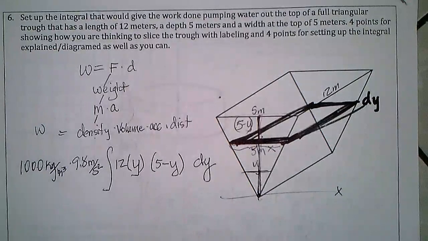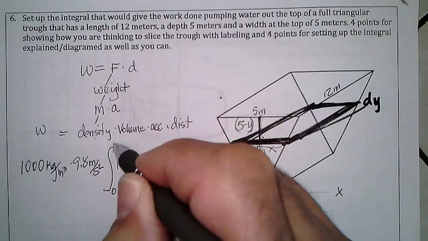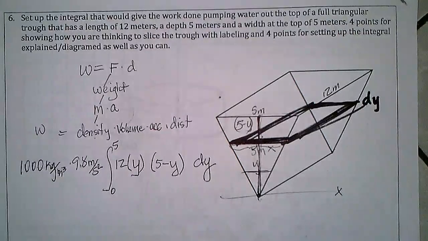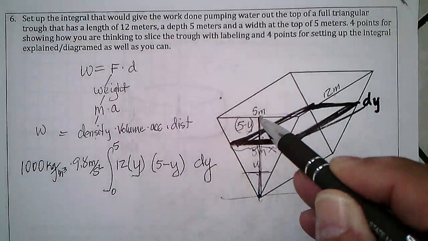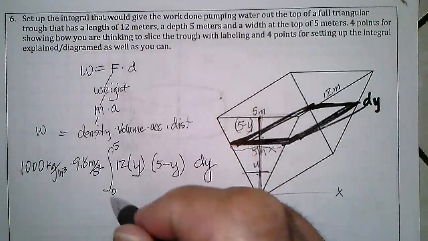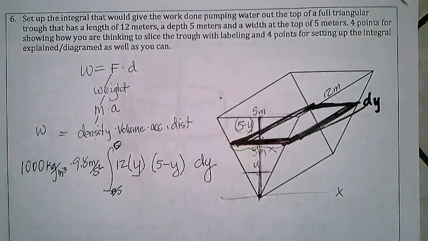And we're going to integrate that. y is going to go from 0 to 5. Actually, we probably should say from 5, where it is at the top, to the bottom. So 5 minus y, to 0.